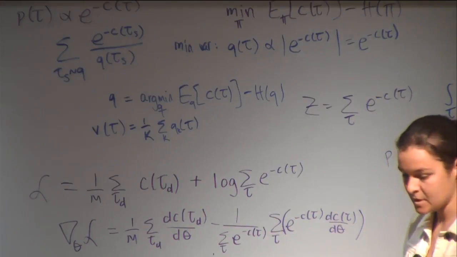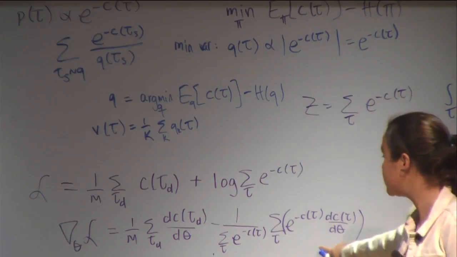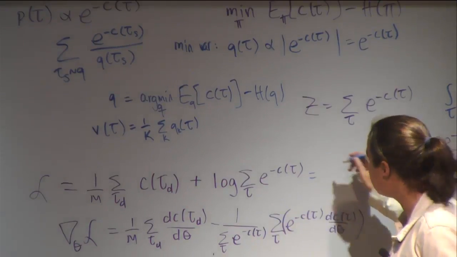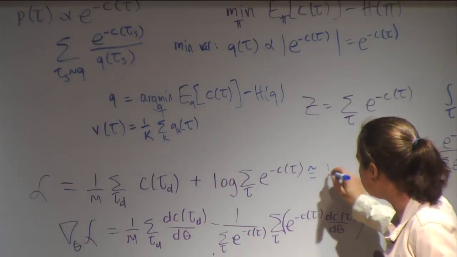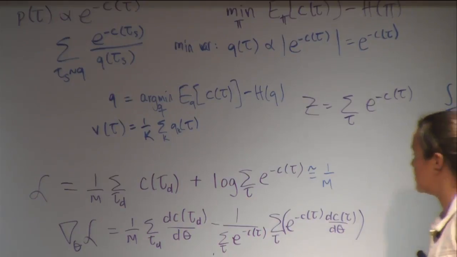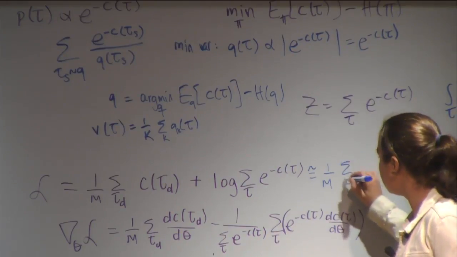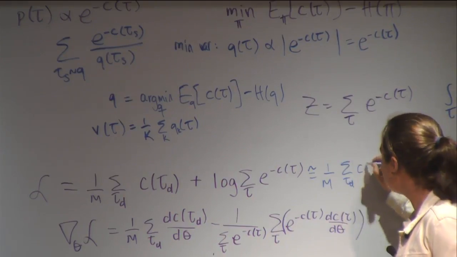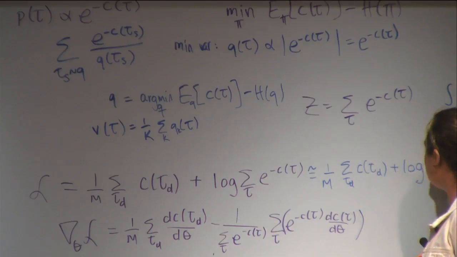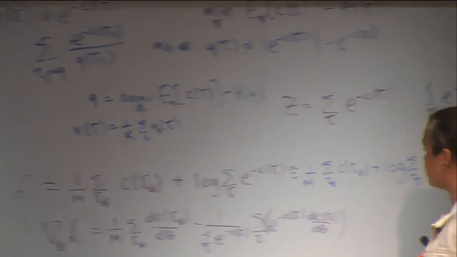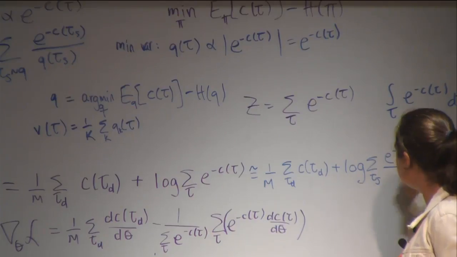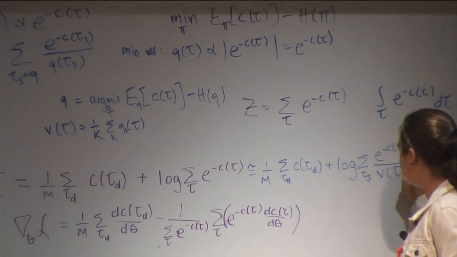And then this objective function is going to be approximately 1 over m sum over your demonstrations, c of tau d, plus log sum over your samples, e to the negative c of tau s divided by the mixture distribution of tau s.